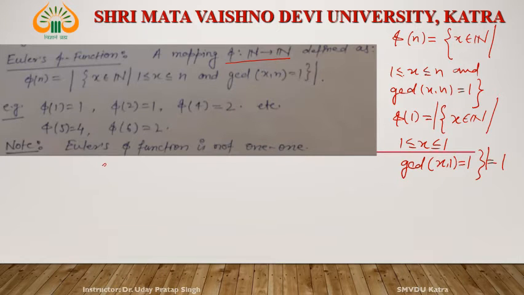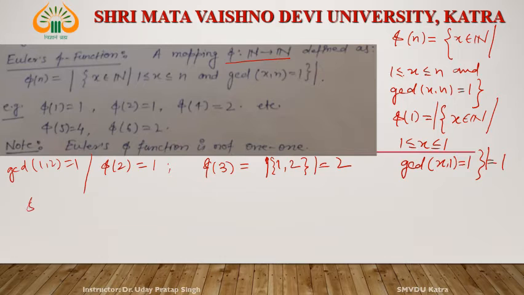And what is phi of 2? All those natural numbers which are relatively co-prime with 2, that is 1. Only 1 and 2, GCD of 1 and 2 is 1, and nothing else. What is phi 3? How many numbers? 1 is co-prime with 3 and 2 is co-prime with 3. That is 2. What is phi of 4?